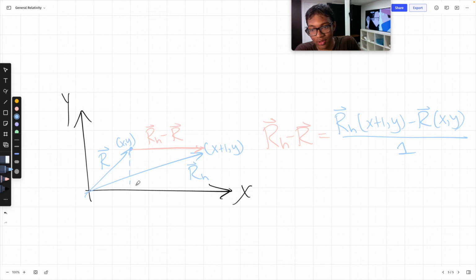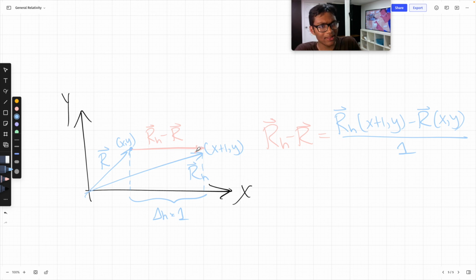The difference in the coordinates is simply 1. Delta h is 1, or delta x is 1. So this is one way that we can write the difference between these two vectors. And you might say, okay, so what's the big deal here?